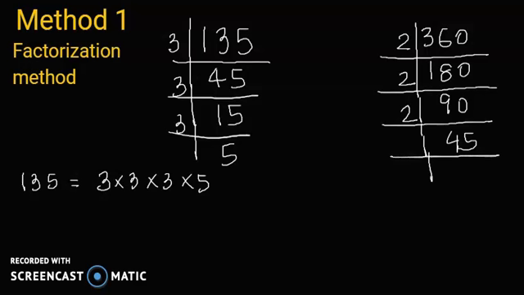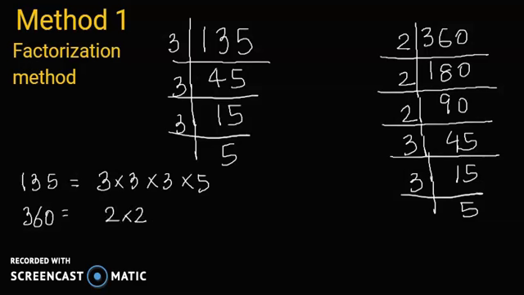Now 45 is not divisible by 2, but it is divisible by 3. So 3 15s are 45, again 3 5s are 15. So we have 360 equals 2 times 2 times 2 times 3 times 3 times 5.